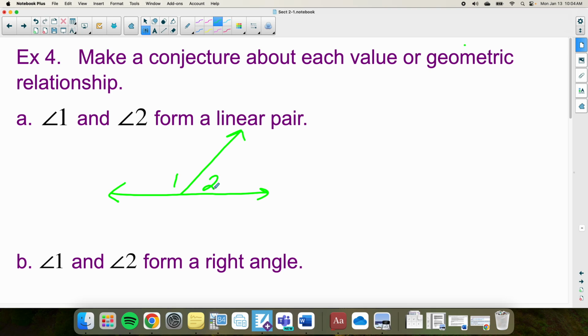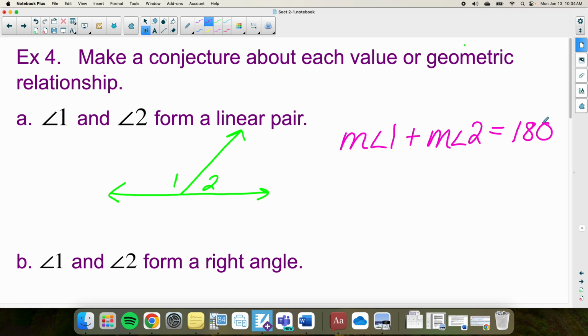180, right? So what we would do there is say angle 1 plus angle 2 equals 180. This just means measure of angle 1 plus measure of angle 2. If you didn't have the m's there, it's not the end of the world.